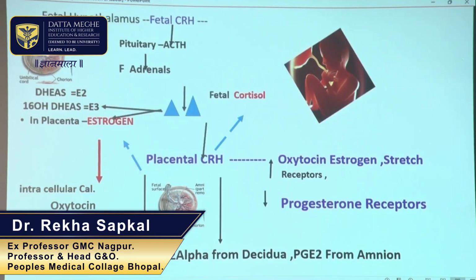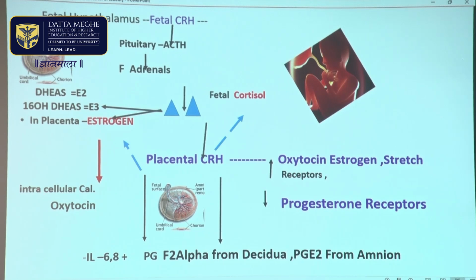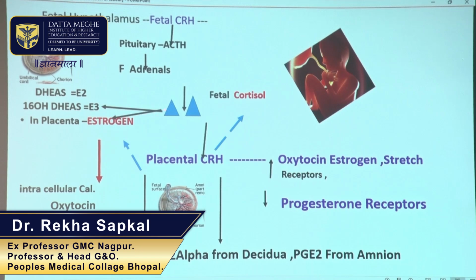This is the flow chart I had drawn here. Try to understand it carefully. Okay. Fetal hypothalamus releases fetal CRH. Over the pituitary, ACTH is released from the pituitary. It causes adrenal secretion of DHEA and cortisol.